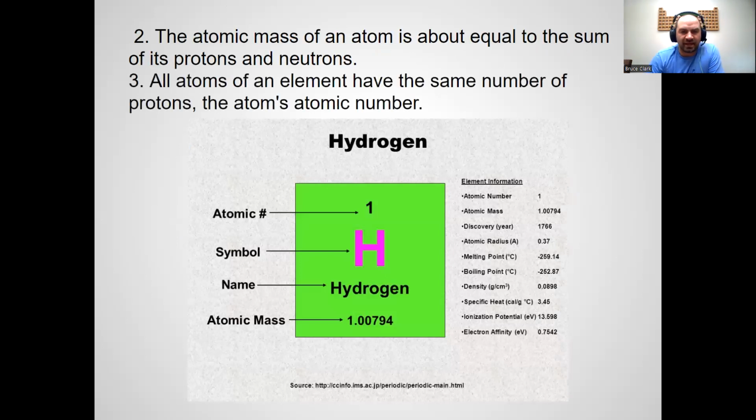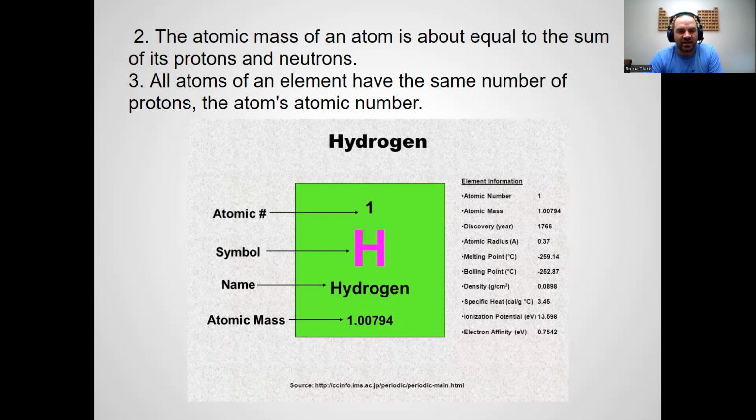So when you are looking at your periodic table, the atomic mass of the element down here at the bottom is about equal to the sum of its protons and neutrons. So here we're looking at hydrogen, and notice that it's not just one; it's one with some fractional .007 for mass.